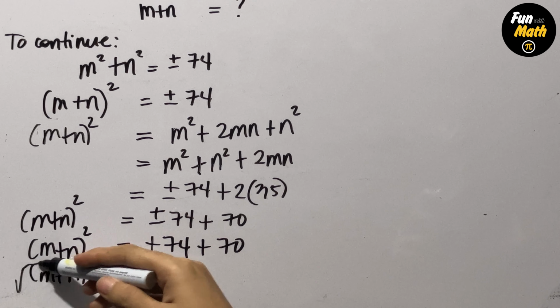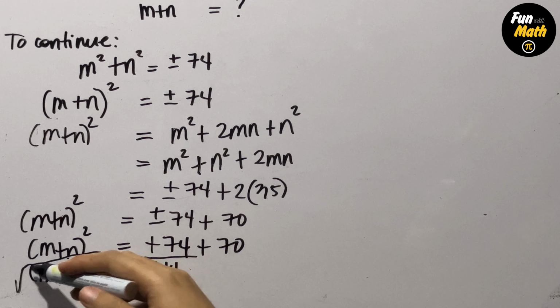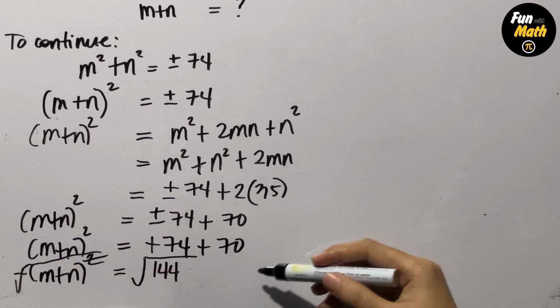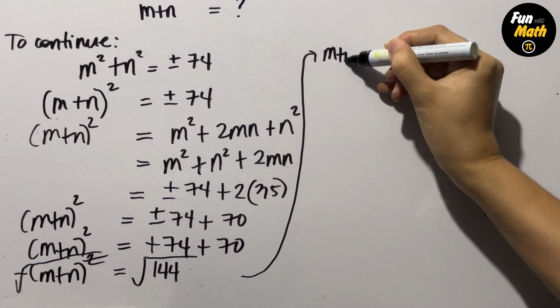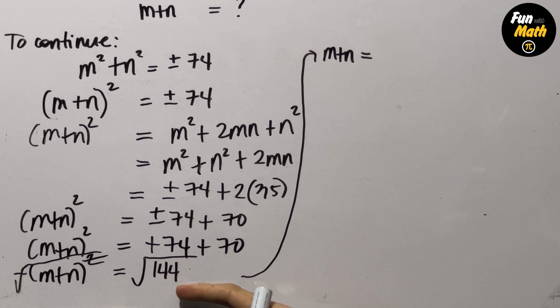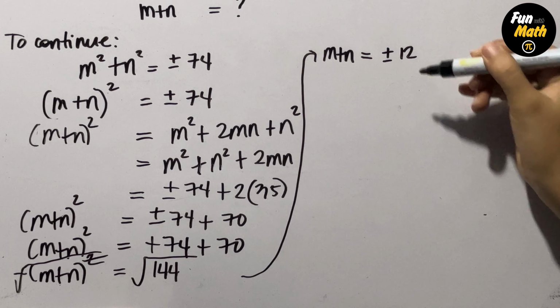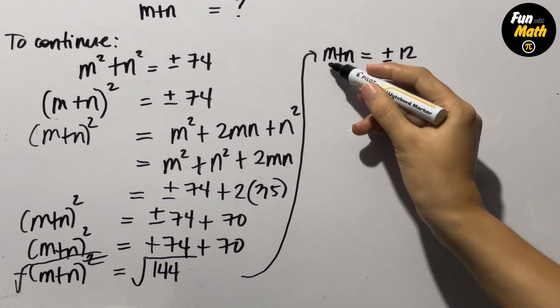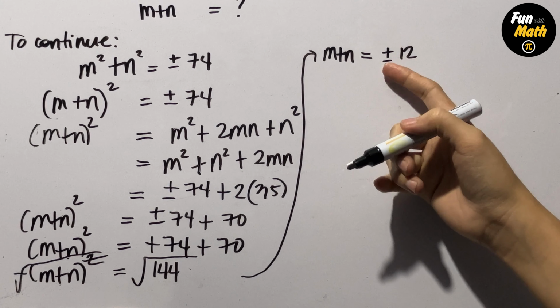So this is now cancelled, and we have m plus n is equal to the square root of 144, which is positive negative 12. Now, this is the first value of m plus n, which is positive or negative 12.